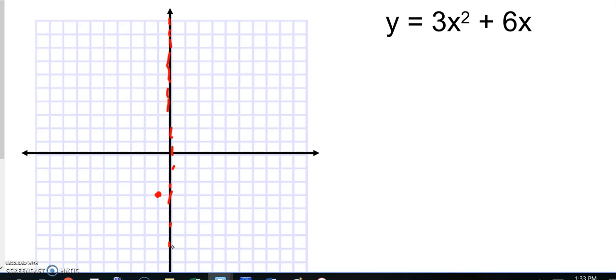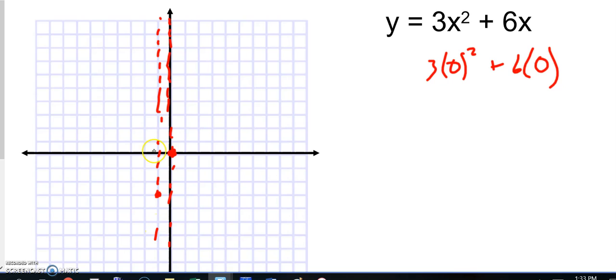So if I put 0 in for x, it becomes pretty clear that we're just going to get 0. So this happens to cross at the origin, and then since my axis of symmetry was this line, I can go 1 over, and now we have a parabola. Not a great one, and I used a lot of red, so it looks pretty funky. But that's a situation where you could put just 3 points on there.